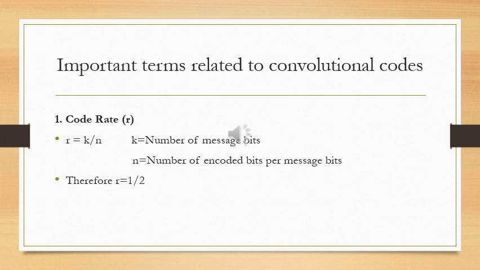In our previous example of convolutional encoder, at every time slot we had one message input bit entered into the encoder. So we have k equal to 1, it was processed and we were getting two outputs V1 and V2. So we have n equal to 2. So the code rate is equal to 1 divided by 2.